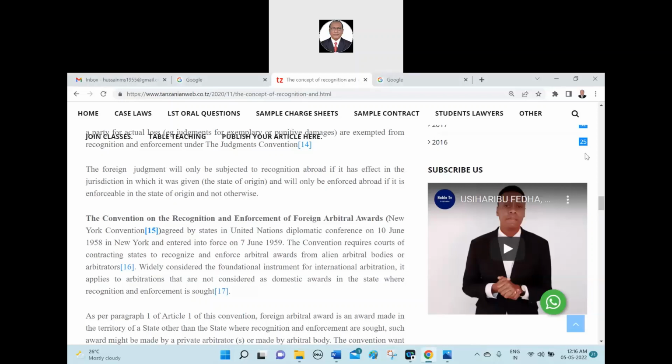Otherwise, it will not be considered. Why will it be considered? Tell me. Because they are the members of the Hague Conventions in the matter of civil and commercial matters.